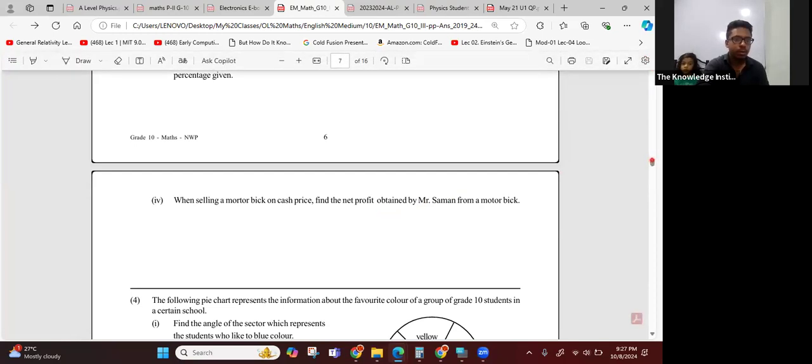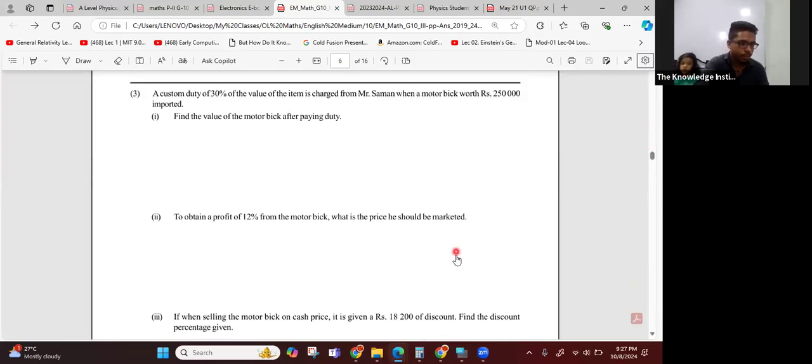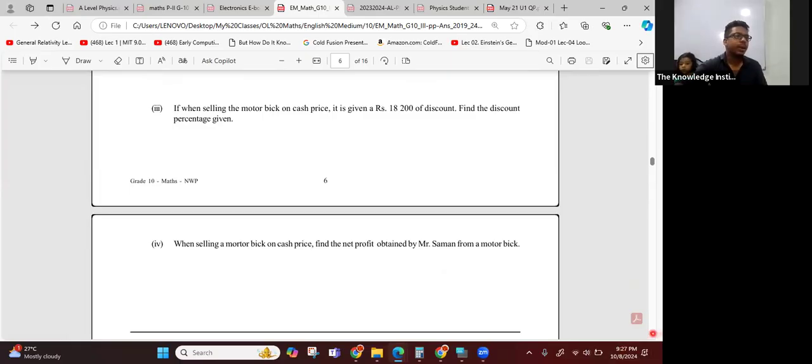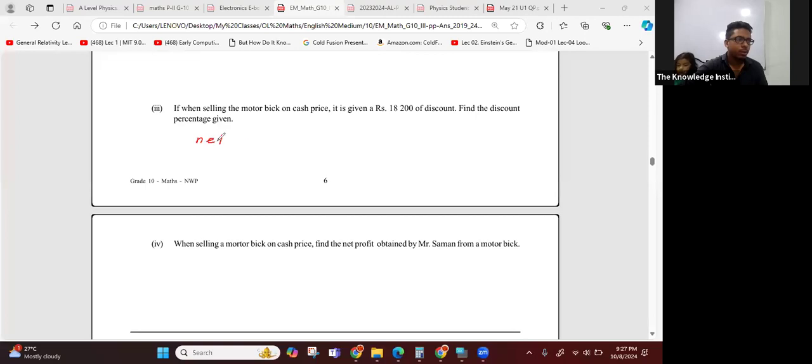So net profit. We want to find the net profit. Now initially he had a profit of 39,000, right? So I can write the net profit is equal to profit. Initially he had a profit of 39,000, but when he is selling it on cash, he gives a discount of 18,200.